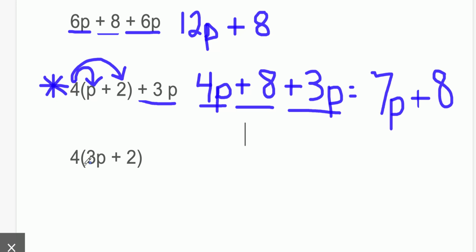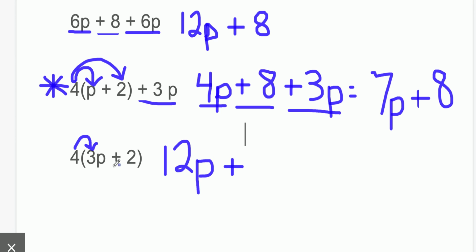I'm going to work through this. I am not going to stop just because I found one. You always check every answer just in case you made a mistake. So I'm going to do 4 times 3p, which is 12p. I have my addition sign.